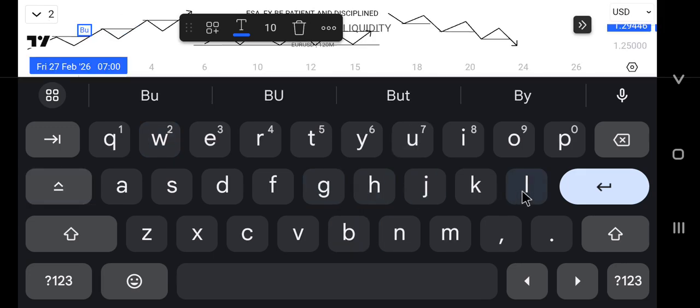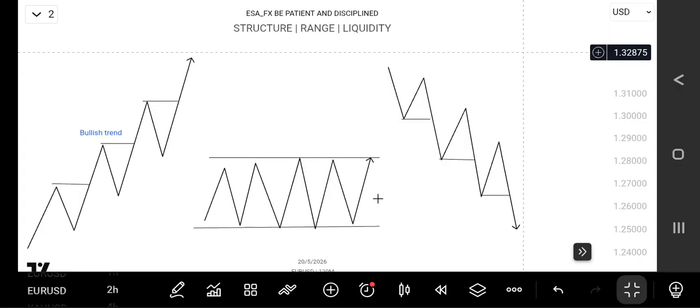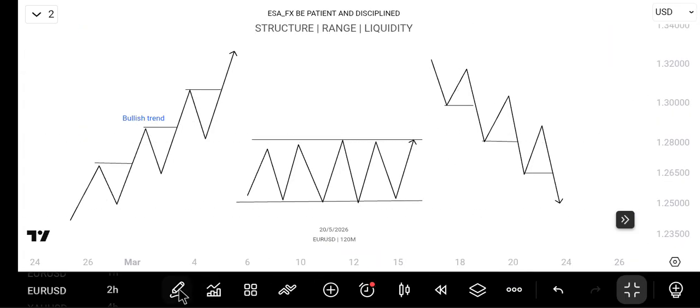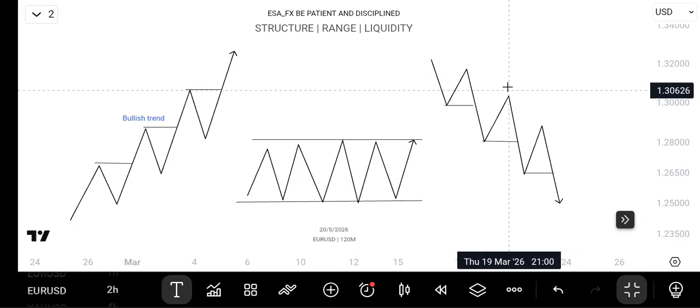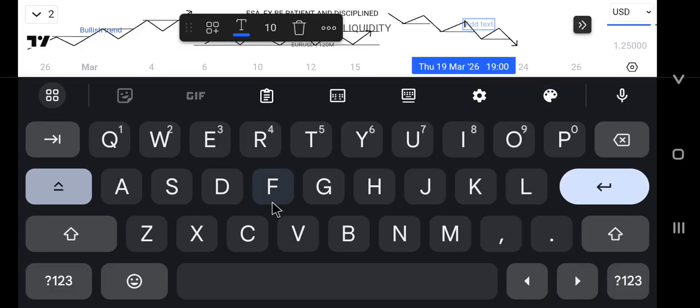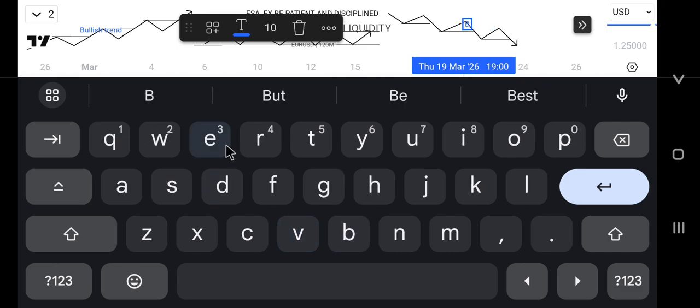Bullish trend. And this will be bearish trend.